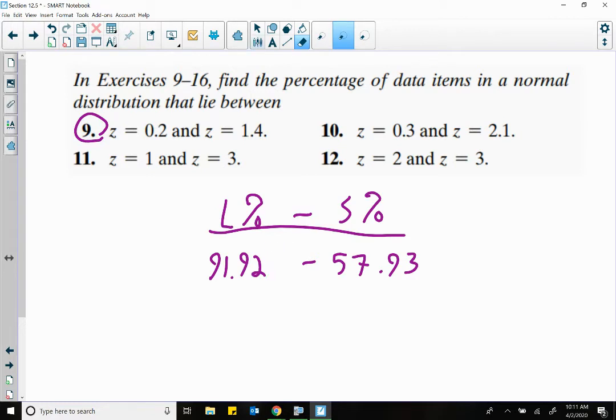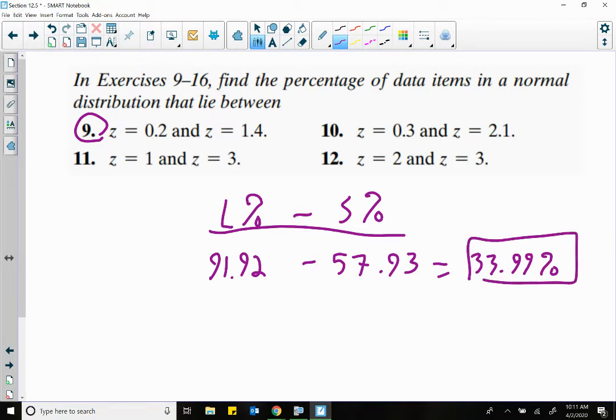So that's what we're subtracting. If we just go to our calculator, 91.92 minus 57.93 gives us 33.99% is between those two z-scores. Okay? So that was number 9.